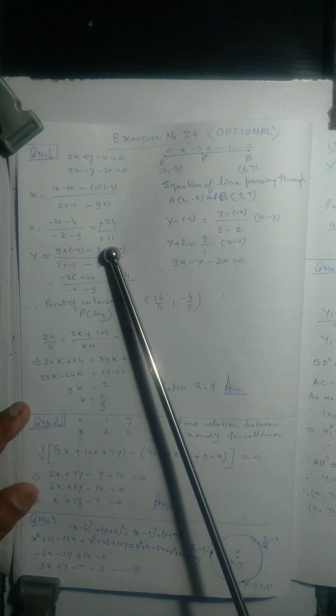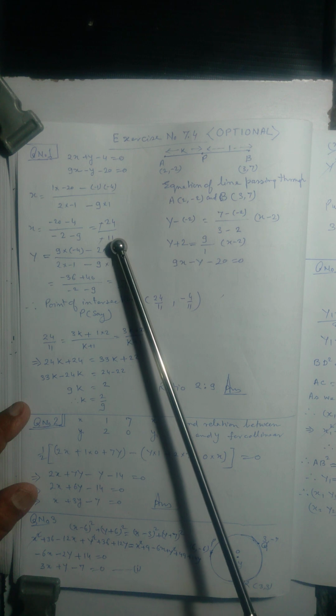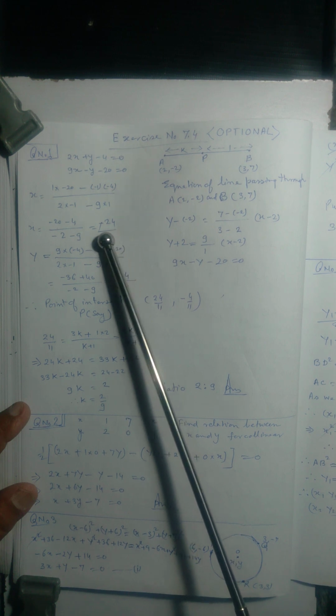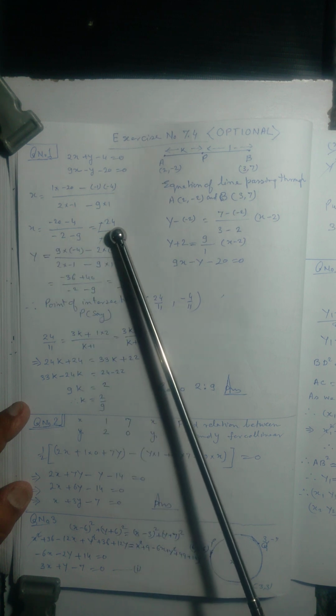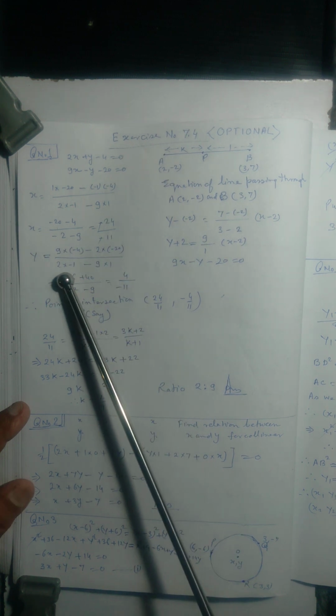The minus signs cancel, so we get the abscissa, the x coordinate of the intersecting point, that is 24 by 11.